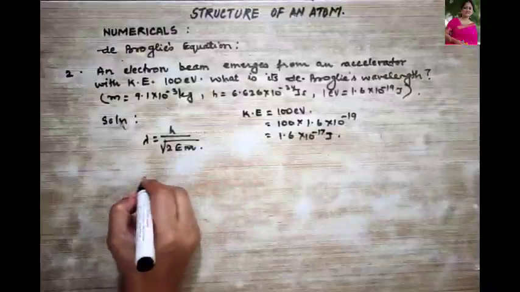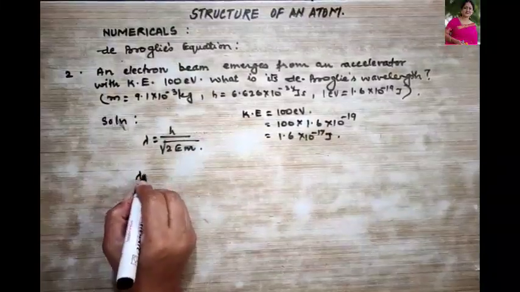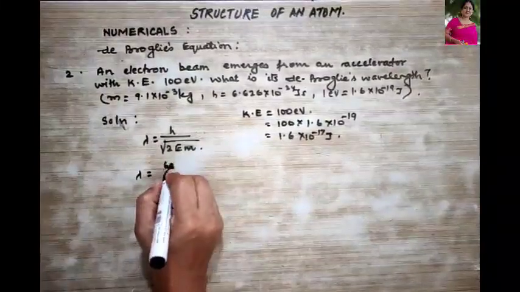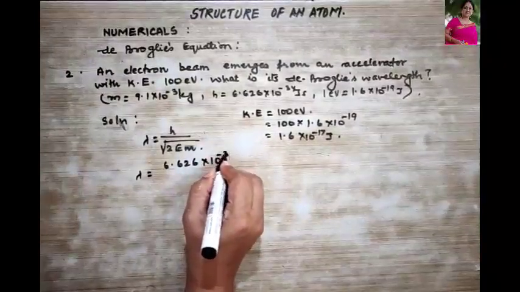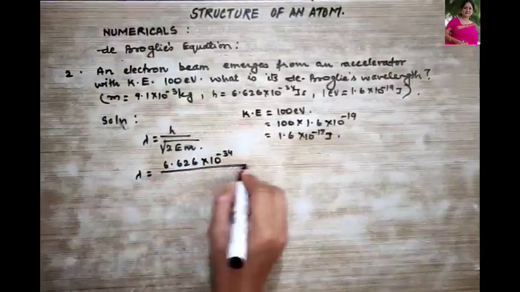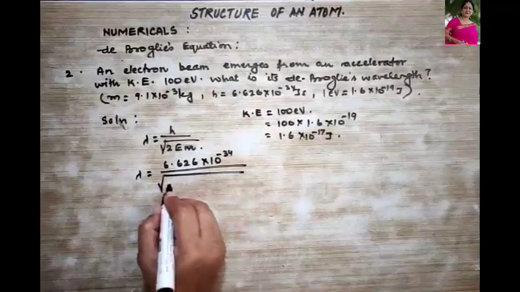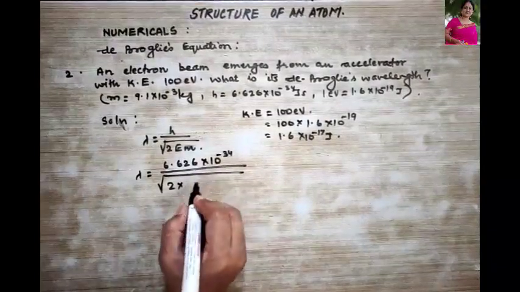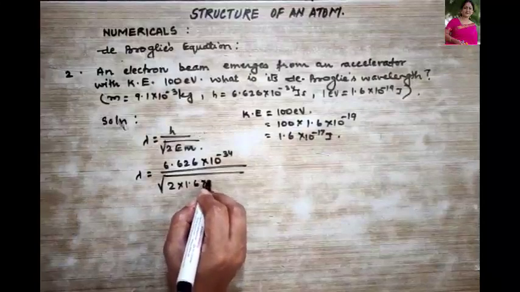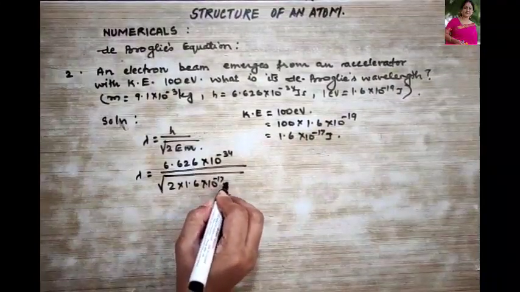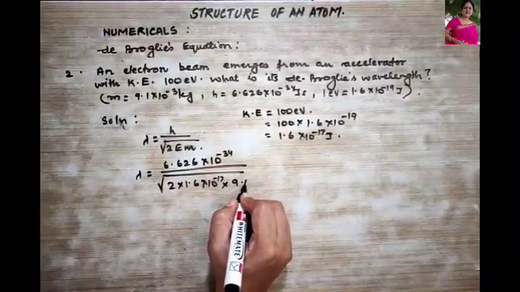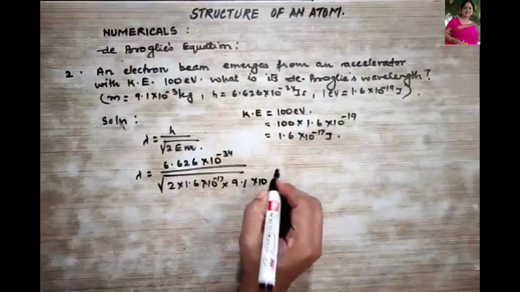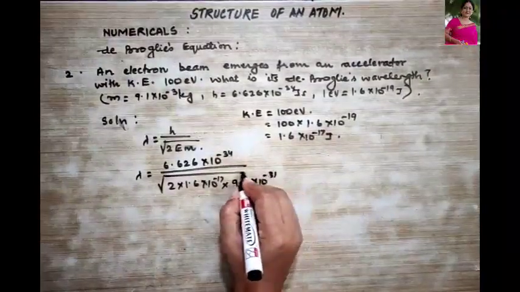Followed? So now place all the values here. So your wavelength is equal to 6.626 into 10 to the power minus 34 upon under root 2 into what is your E, 1.6 into 10 to the power minus 17, and mass is given to you 9.1 into 10 to the power minus 31.